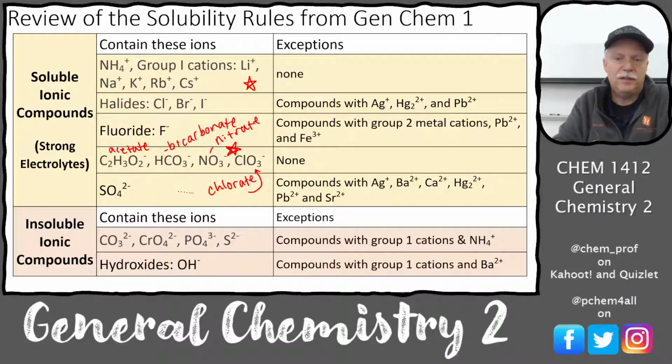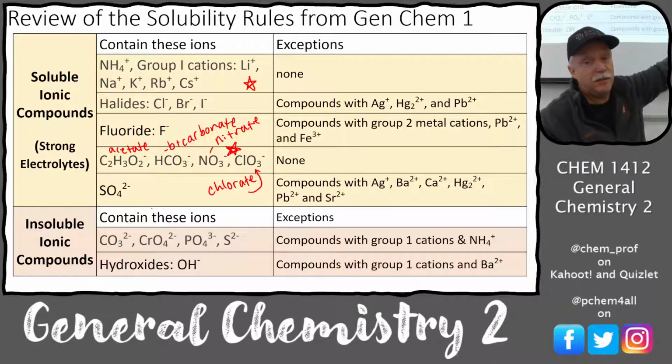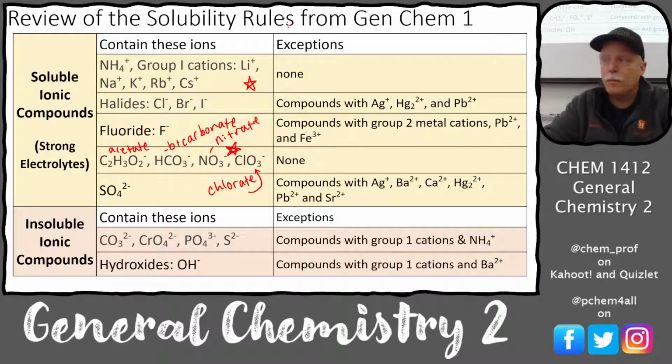And then sulfates, they're mostly soluble, but there are quite a few exceptions for the sulfates. There are a lot of 2+ cations that sulfate precipitates with because it's an SO4 2-. Look at barium, calcium, they're all in that second group. So barium, strontium, calcium, those are going to precipitate with sulfate, but magnesium and beryllium will not. So sodium bicarbonate is super soluble.